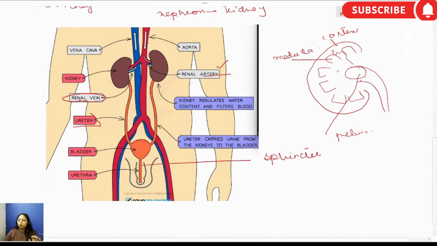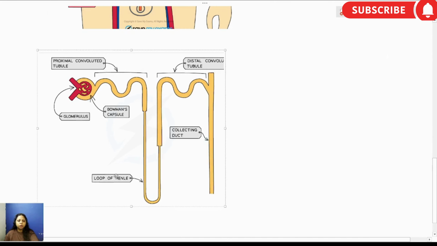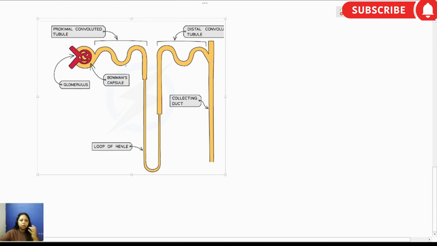Now let's move to the nephron structure and how it helps in the removal of urine. This is how the structure of a nephron looks. Let's say we have a renal artery over here.